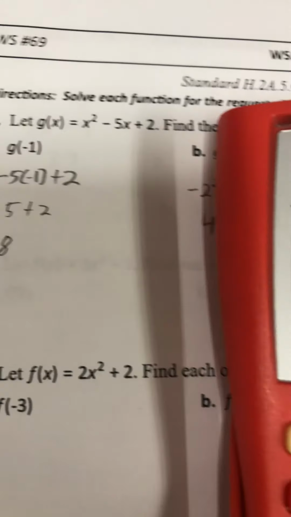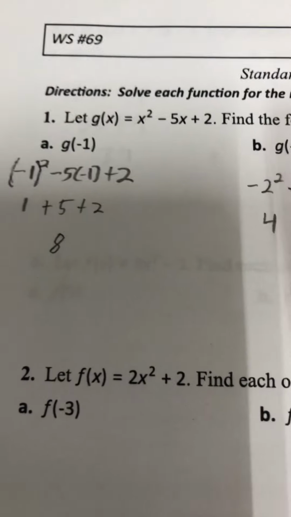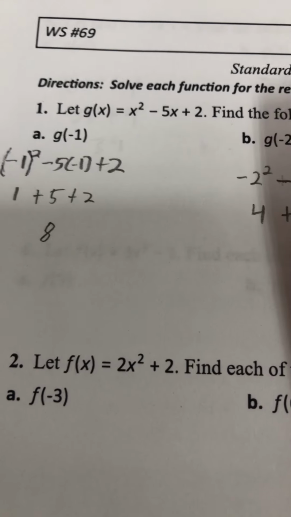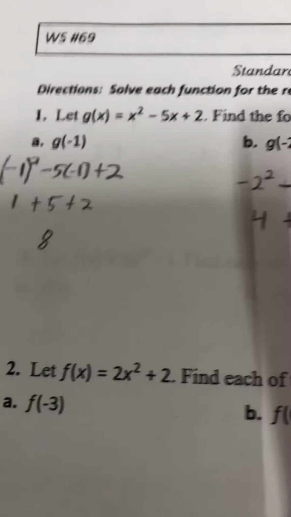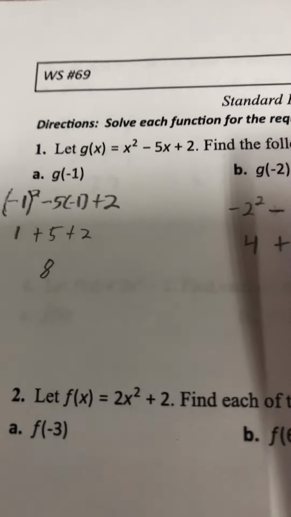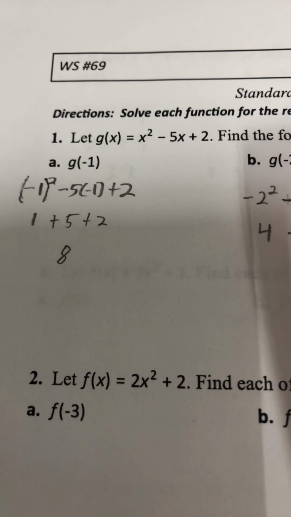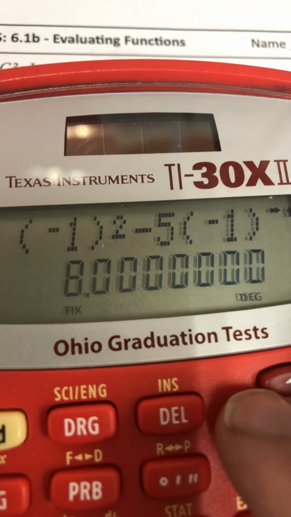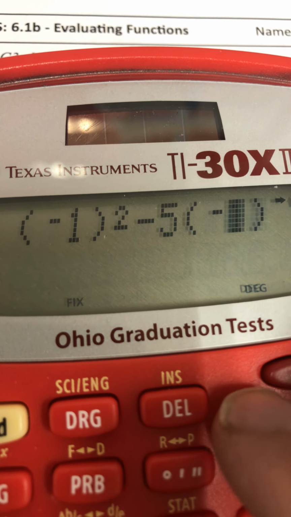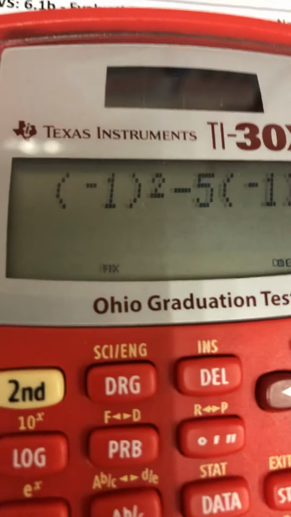I don't know why it gave me such a long decimal, but I have 8 listed there, probably because of the function I have on there. Anyway, it comes out to 8, and then you could work the back button and just change those values for g.